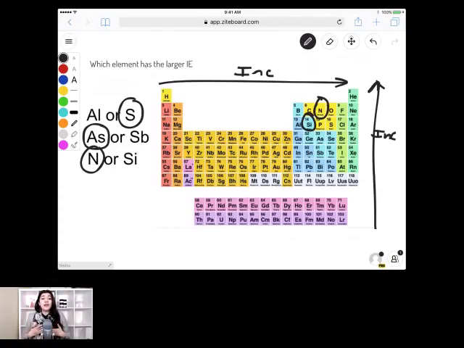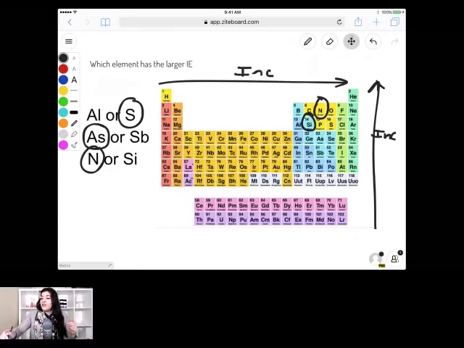It's just remembering all of those different trends, as well as knowing the concept and the definition. I have seen a lot of multiple choice questions that teachers ask, explain what ionization energy is, explain what electronegativity is. So definitely know those concepts and understand the definitions, besides just knowing the actual trends.